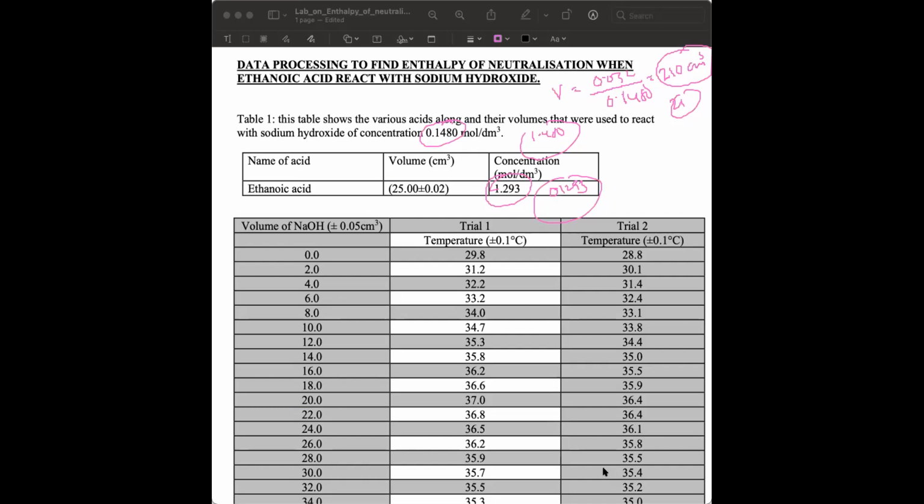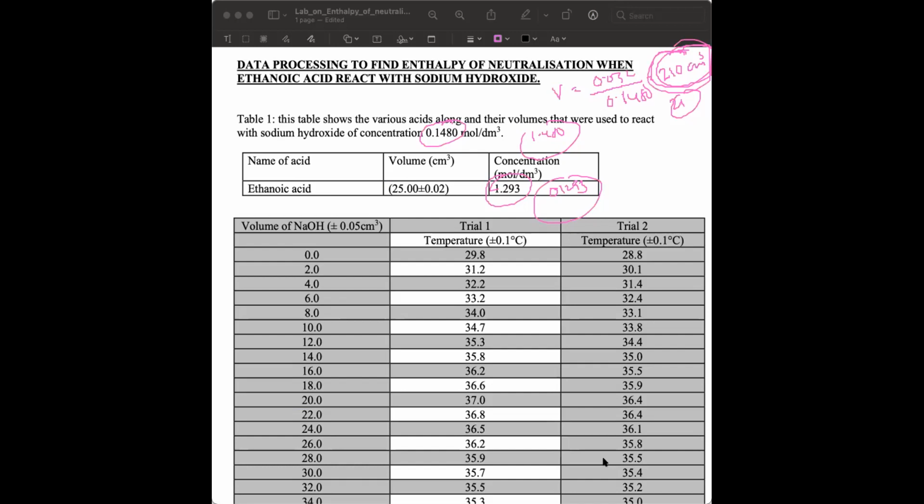So we'll ask her in class. You tell her: theoretically when we solve, we get the endpoint at 210 centimeter cube, but actually it is 21, so it is 10 times more. So is the concentration off? You can show her this.